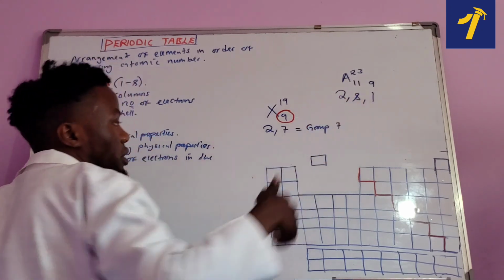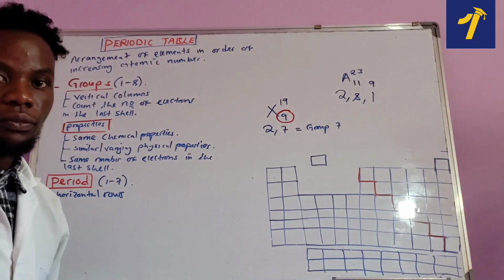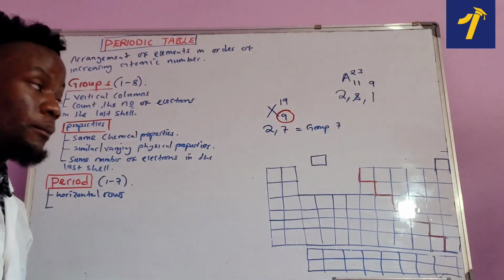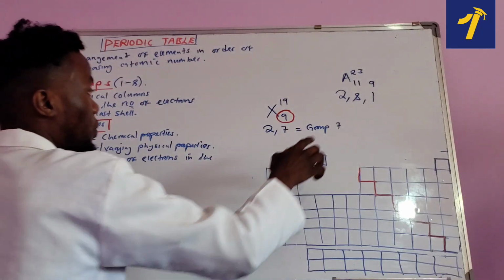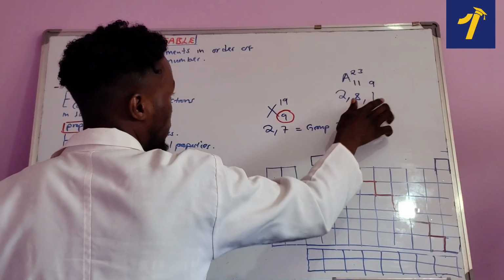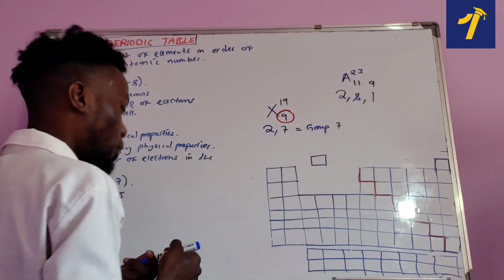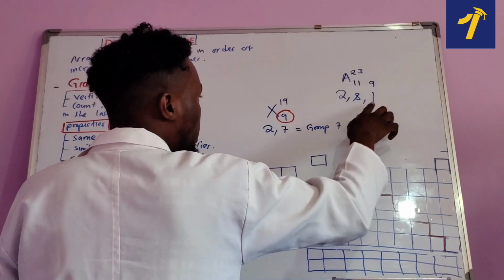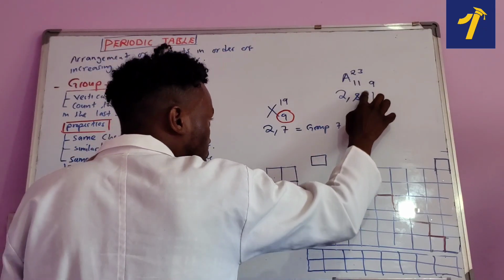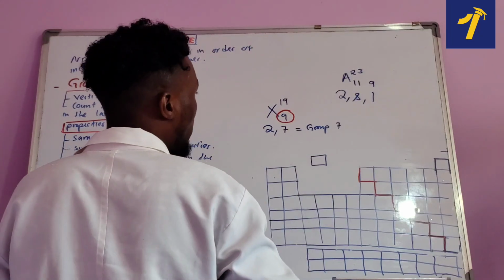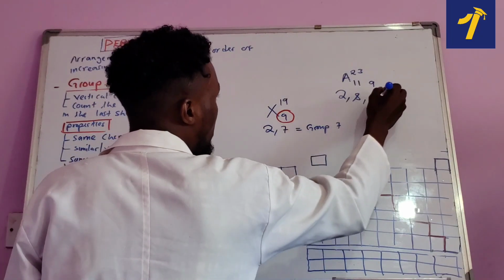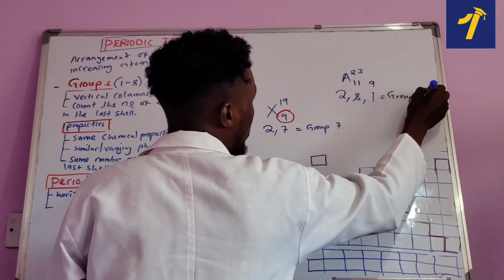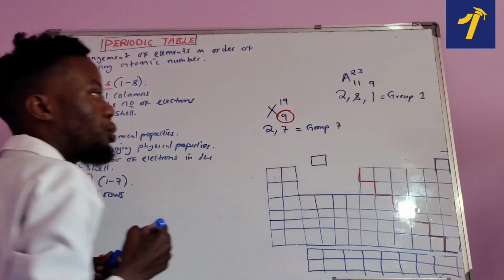Or simply you count the numbers, and they are equal to the energy levels. So there are 3 energy levels here. If you want to look at the group number, you go to the last shell and count the number of electrons there. The group number for this will be 1. So this element A is in group 1.